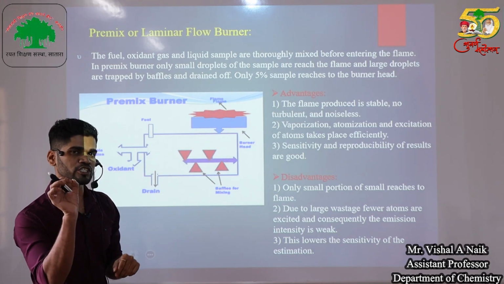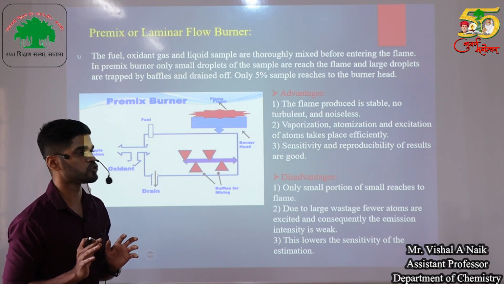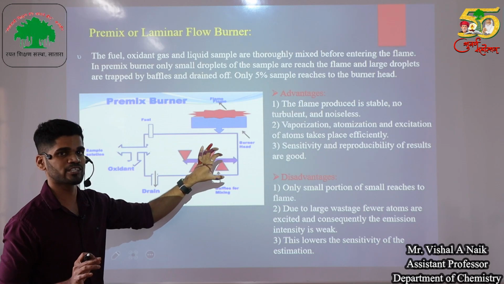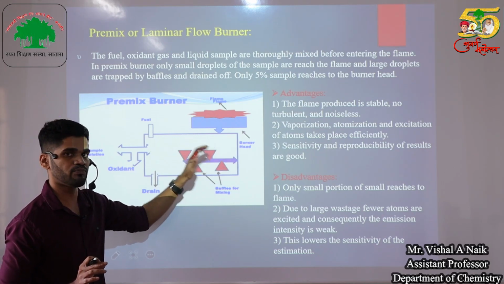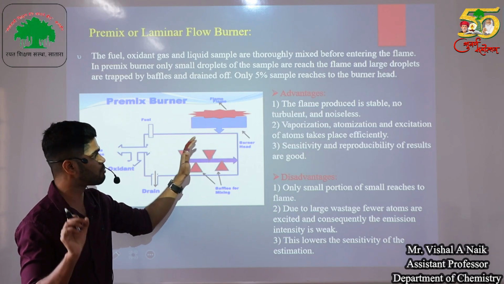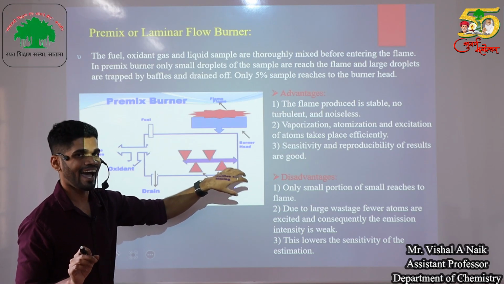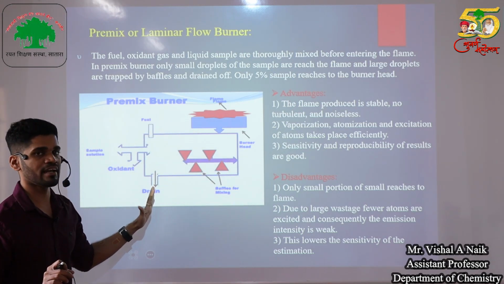So only a small amount of sample is introduced. Why is a small amount of sample introduced? Because these baffles act as a filter. So smaller particles of the sample get introduced into a flame through these baffles, and the maximum amount of sample gets drained out.